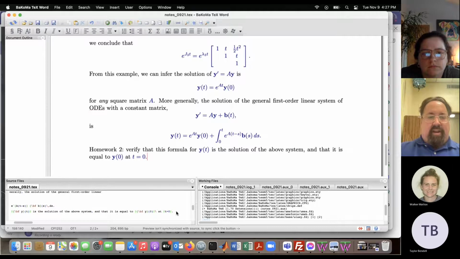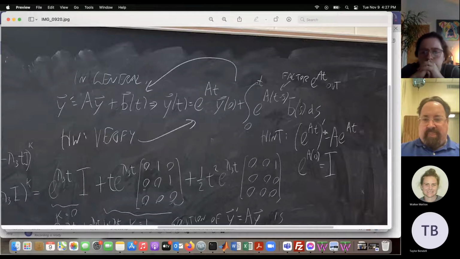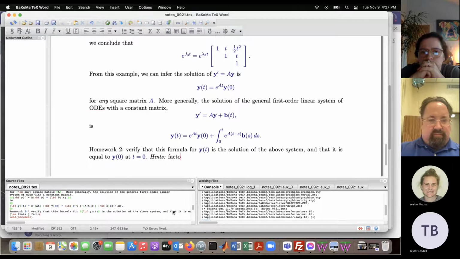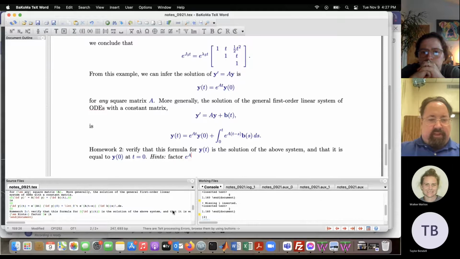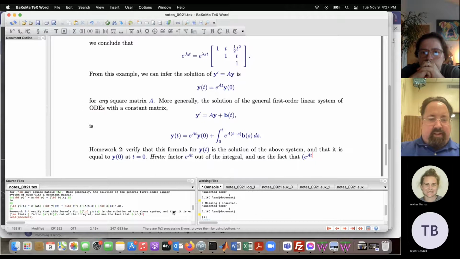Okay. And I also want to make sure to include from the board here, you have various hints. Factor e to the At out of the integral, and use the fact that the derivative of e to the At is A e to the At.